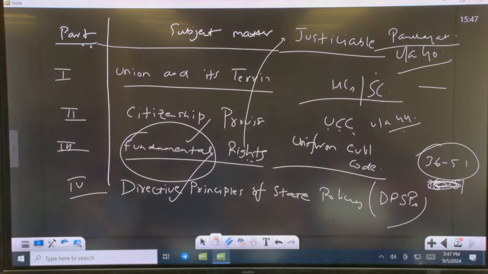You cannot challenge that law or the actions of that government in high courts or the Supreme Court.